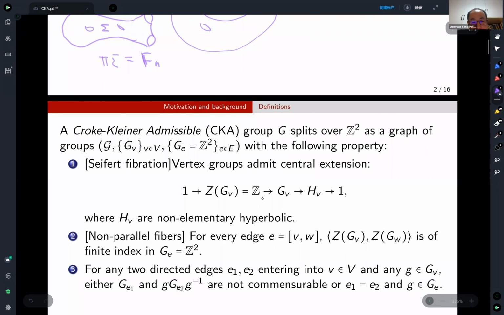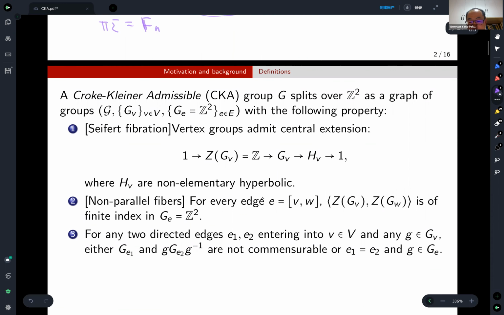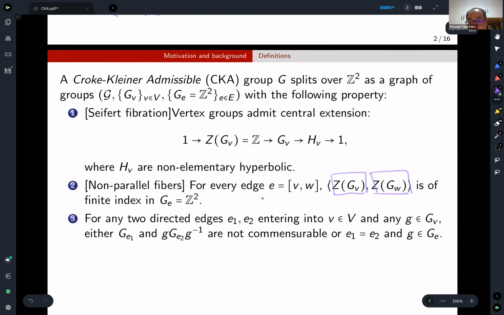Then the second condition is that for each edge, for one vertex we have the center of this vertex group, and we have the center of the other vertex group.